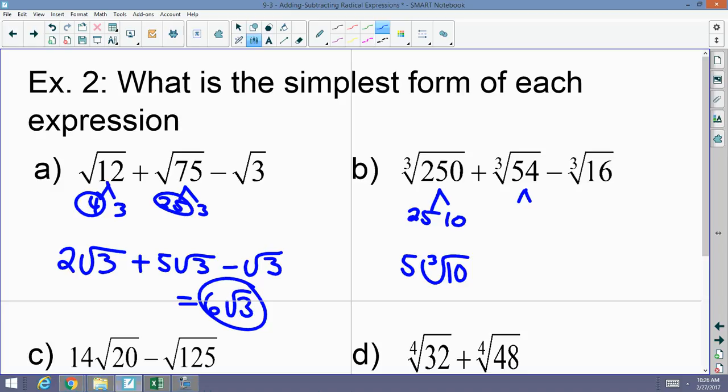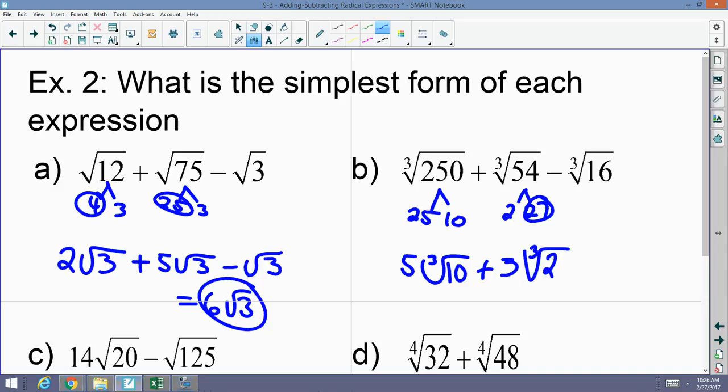Nice and easy. Think perfect cubes. Good job, guys. 2 and 27. Cube root of 27? Yes, exactly. 3. Good job. So you got 3 and you got the cube root of 2 left over.